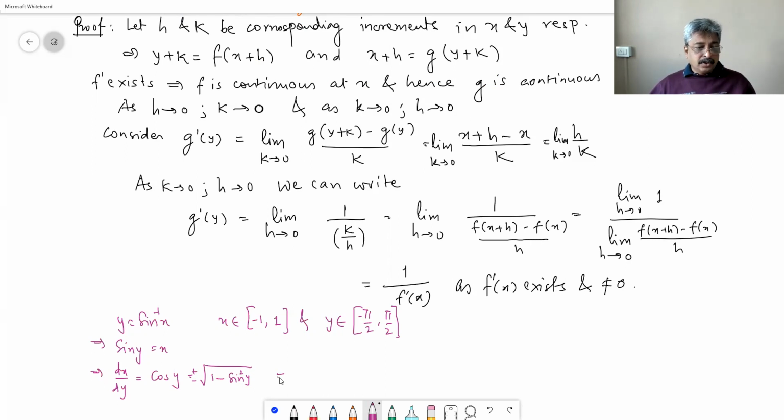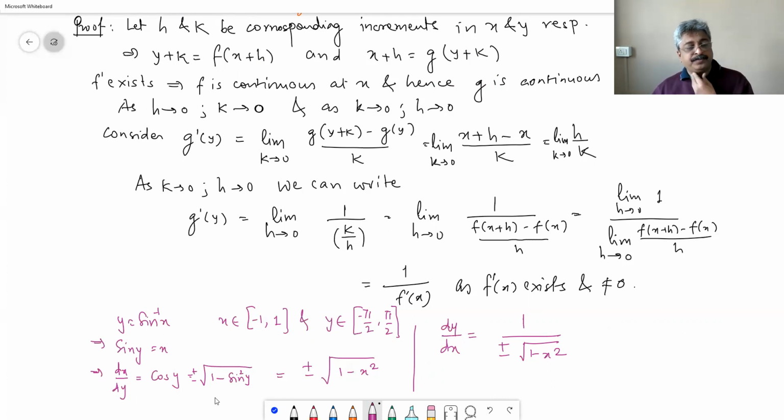Correct? Which is equal to plus or minus radical 1 minus x square. And therefore, dy by dx is equal to 1 upon plus minus radical 1 minus x square. Now, I cannot have two slopes, plus as well as minus. And therefore, I need to be a little careful in finding out what is my correct sign.